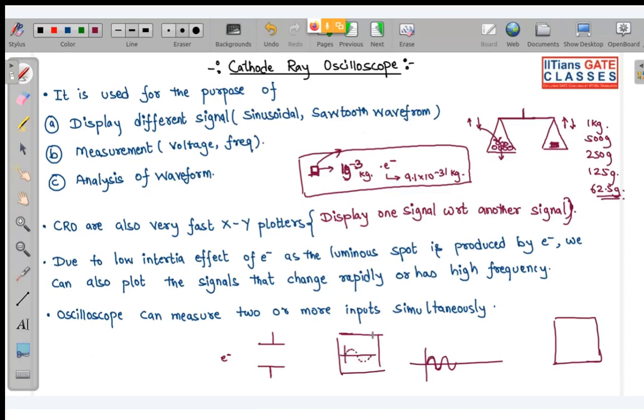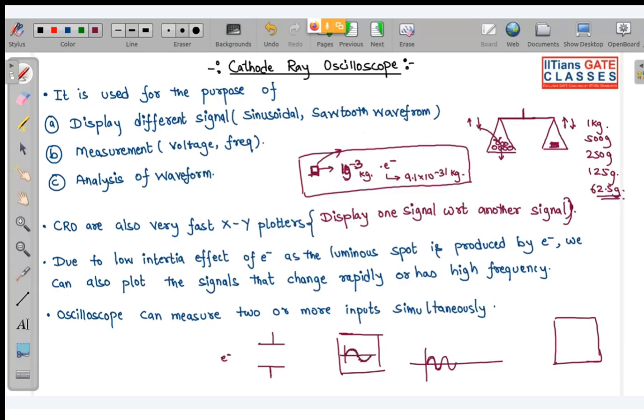Now you might say, sir, how are this many electrons hitting the screen and we are seeing a continuous waveform? I will tell you, there are trillions of electrons ejected in 1 second to hit the screen. That is why you see this as a continuous waveform.